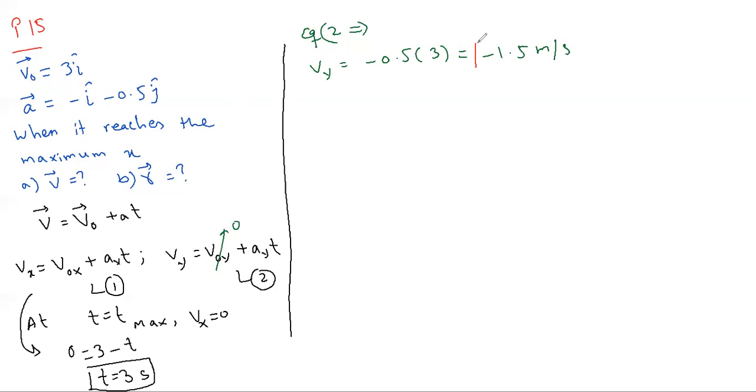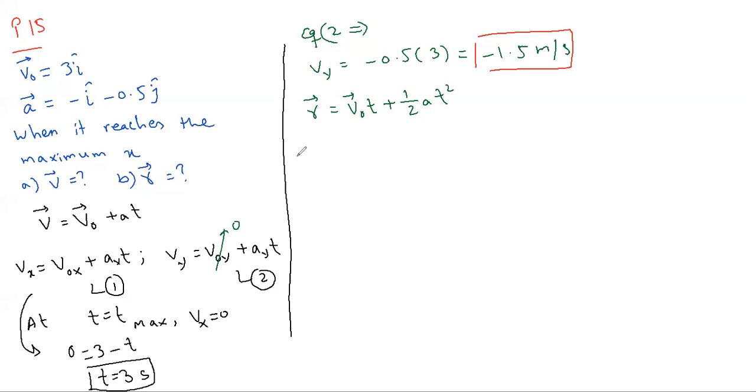Now we have to find the position vector at this maximum location. We know that r equals v naught t plus 1 by 2 at square, the second equation of motion.